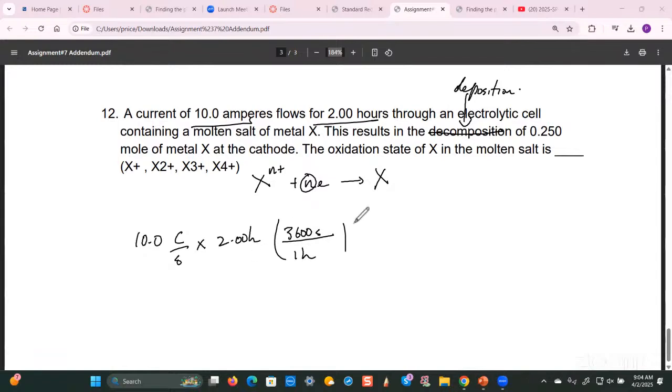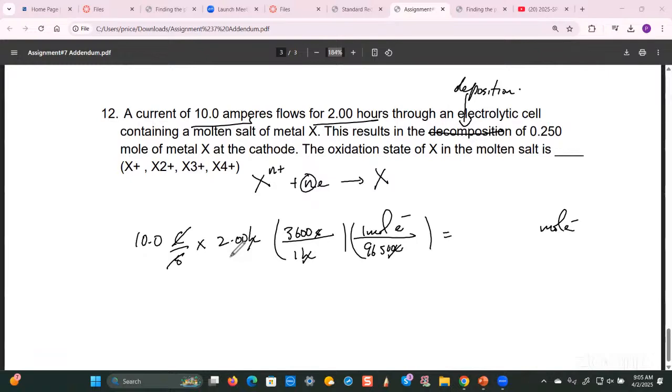And then we multiply this by 1 mole of electrons over Faraday's constant, 96500 coulombs, right? So the coulombs will cancel out, the seconds will cancel out, and the hours will cancel out. So you're going to get moles of electrons as a result of that.